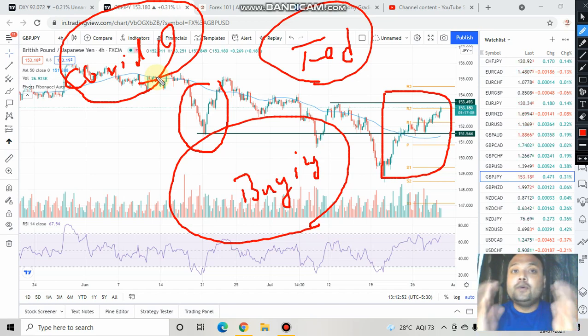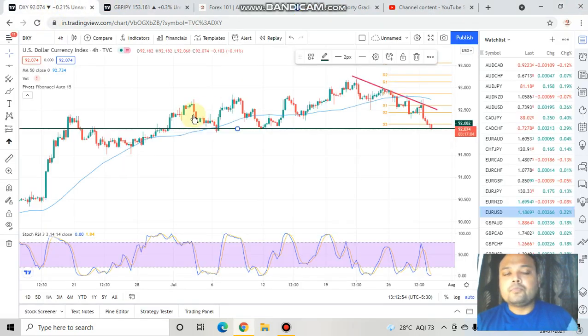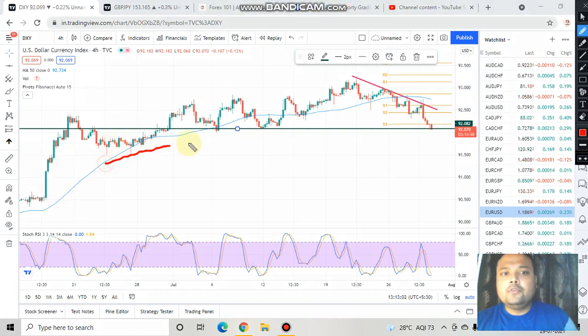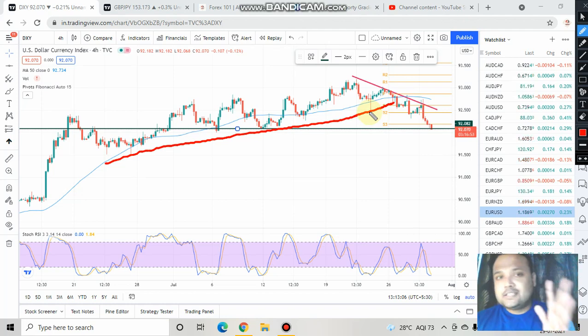As a result, the US dollar saw selling pressure, and if we look at the chart here, we can see that the dollar is going down. Previously it was in an uptrend, a beautiful uptrend, but right now we can see that the structure of the chart has changed, the setup has changed.